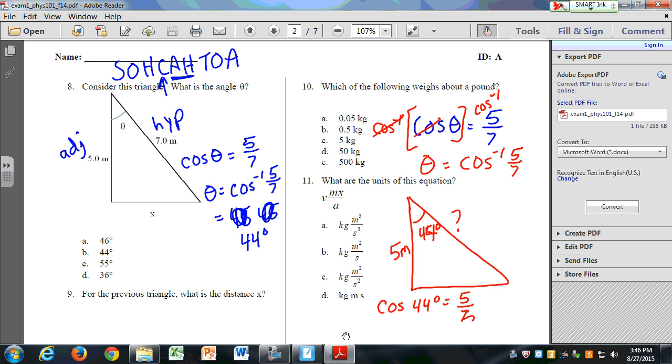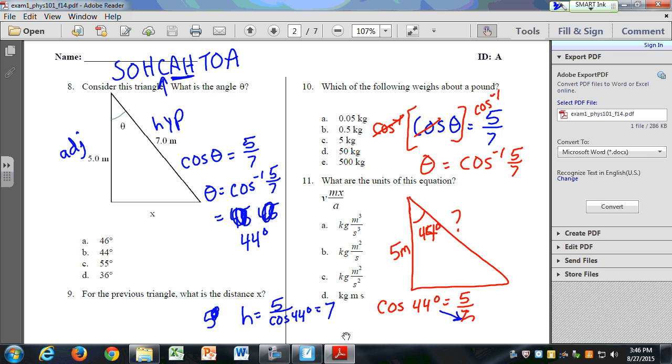I would cross multiply, or however you want to do this. I'll just say h is equal to 5 over cosine of 44. And then that would be equal to 7. That'll be really important for your vectors, because we're going to look at vectors next week, and you'll have to do that sort of thing.